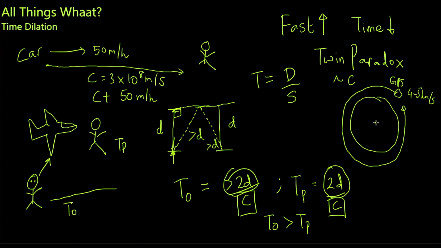We need the accuracy of the atomic clock on here, and we end up noticing that the time here does not sync with the time on Earth. In fact, the time on the GPS satellite has elapsed less versus what has elapsed on Earth, so this is always greater. And so every once in a while we need to go back and sync this up so that we are in the right time for precision.